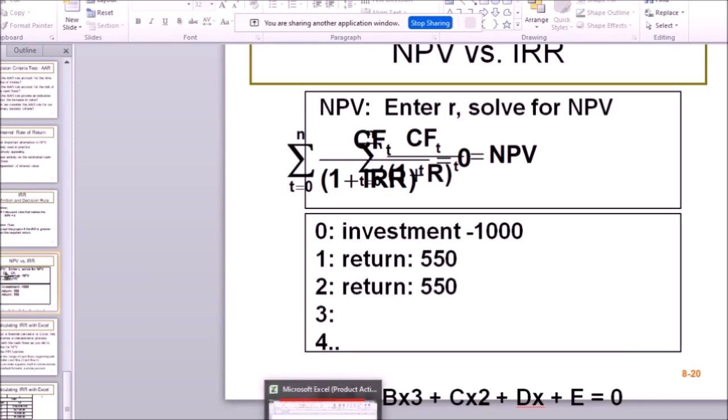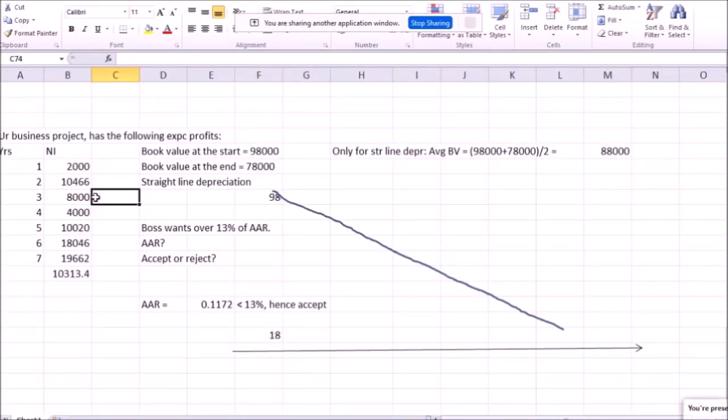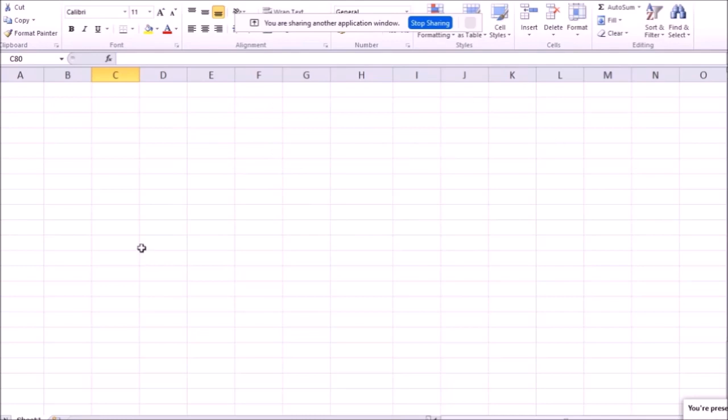So let's go to Excel. Again, let's have some project. Your business is expected to generate the following cash flows. Let's say originally we need an investment of 1,000.